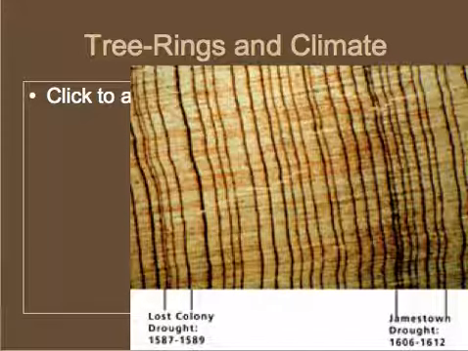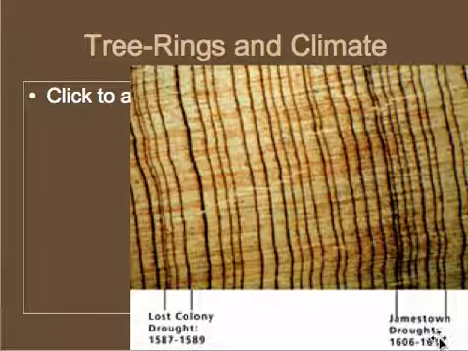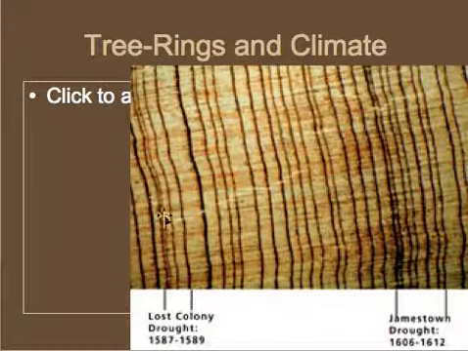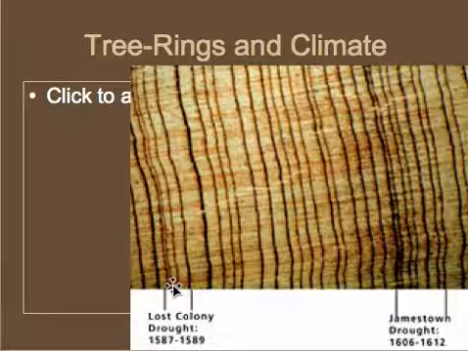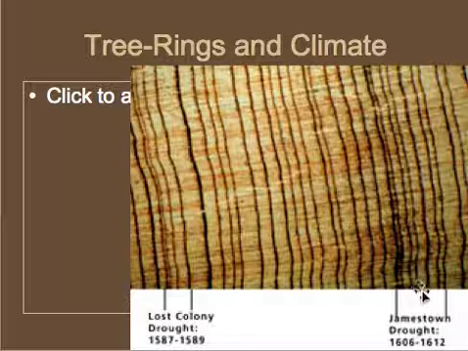So to give you an example, looking at the early English settlements in North America, Roanoke, the Lost Colony, and also Jamestown, when they looked at tree rings, they saw that during the period right before this colony was abandoned, right, you can see that there was a series of dry years, and in Jamestown there was a series of very severe dry years, right?